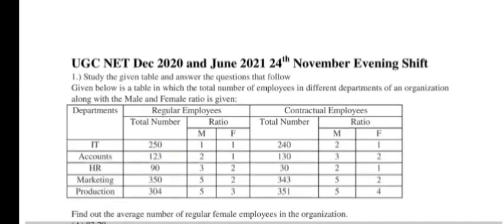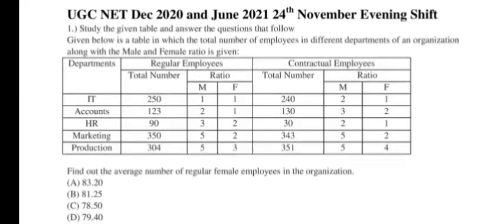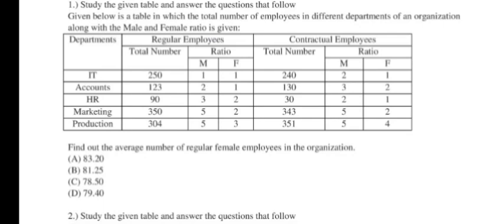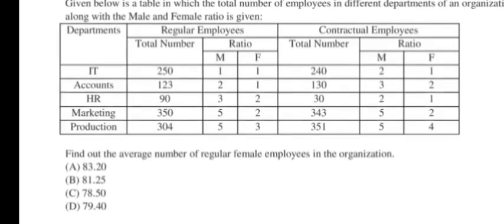The first question that we have got is, we have to first study the given table and answer the questions that follow. Given below is a table in which the total number of employees in different departments of an organization along with the male and female ratio is given. In the first box we have got departments: IT, accounts, HR, marketing, production. Then regular employees, total number, ratio, male, female.